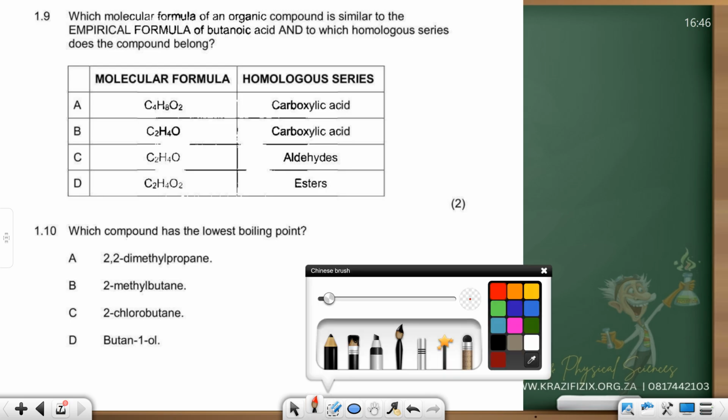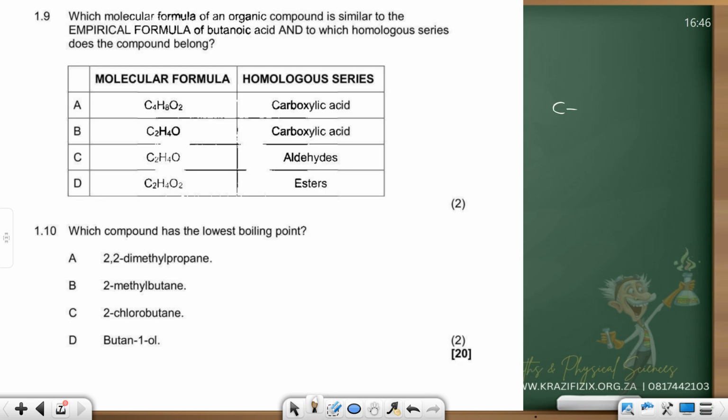Butanoic acid, if you're not sure, you quickly draw. 1, 2, 3, 4. All right. So it's C4H8O2. Let's go back and read the question.